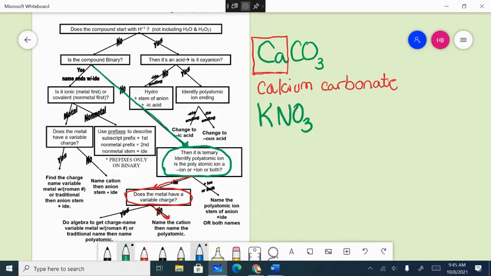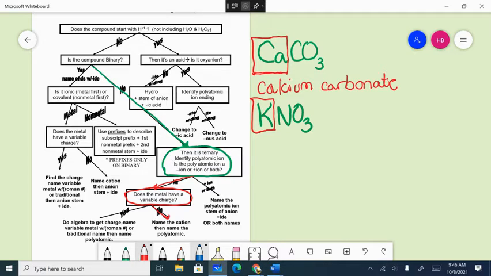This does not start with H+. It is not binary. It's ternary. We're going to look and say, does it start with NH4? The answer is no. So then I know the first metal element is going to be my cation. That's going to be my first name. Everything after it is going to be my polyatomic ion.